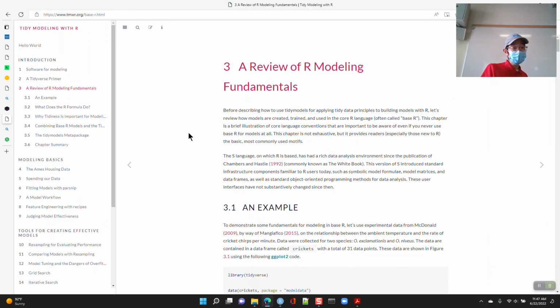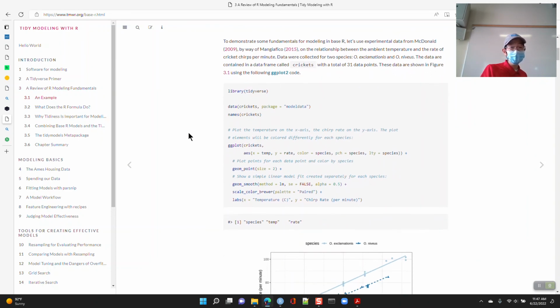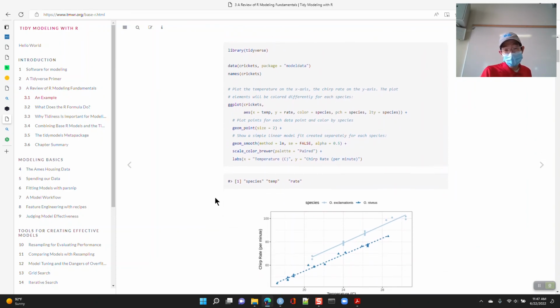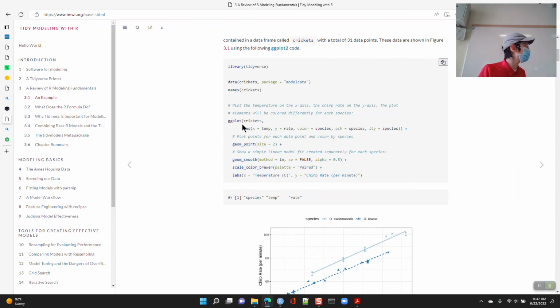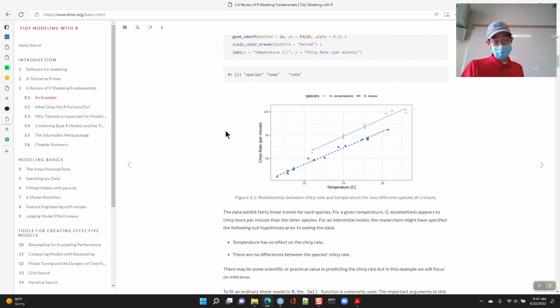Same thing with Chapter 3. Chapter 3 works through creating a linear model. Make sure you understand how ggplot works. And again, if you've never used ggplot before, take the time to work through that DataCamp chapter to remember how we use aesthetic mappings and things like that.